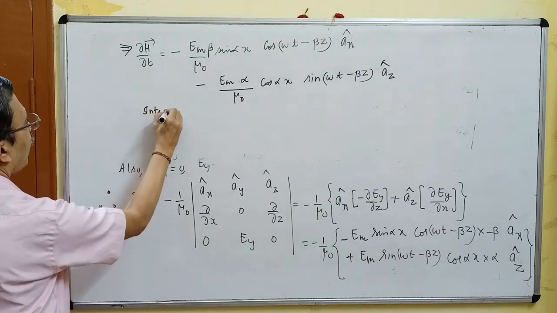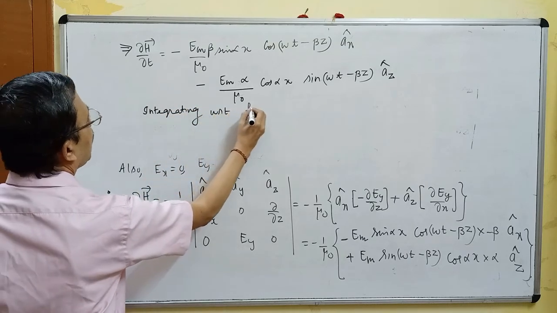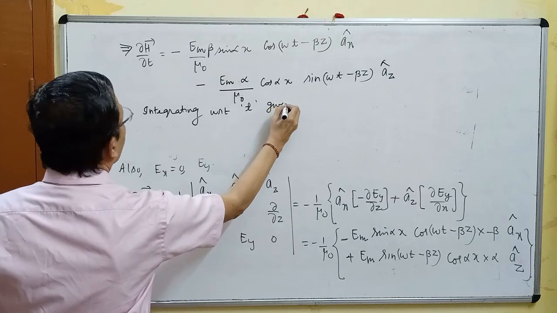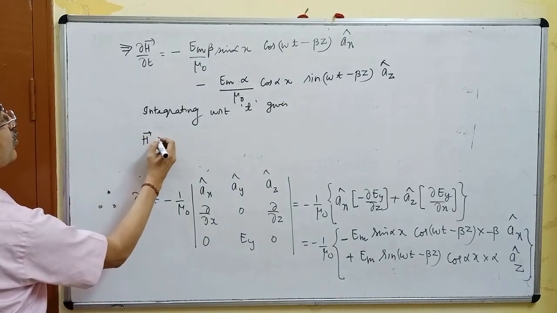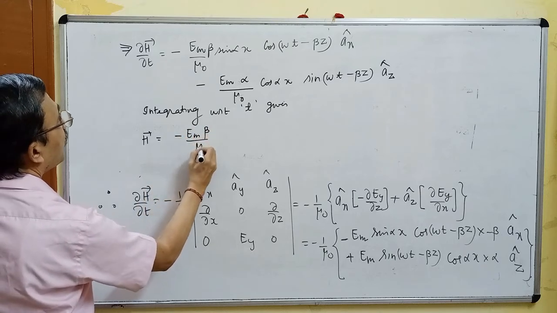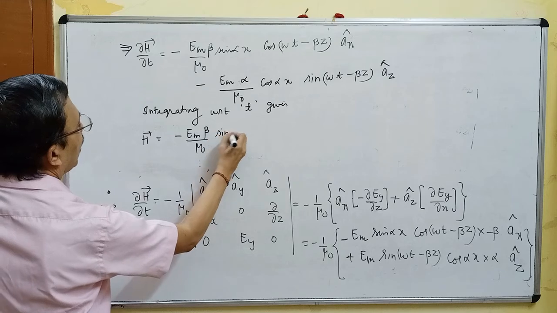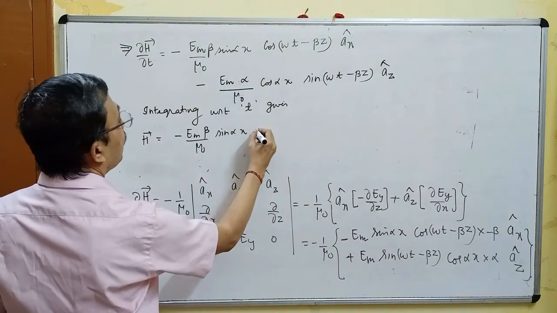Integrating with respect to t gives vector H equal to minus Em beta by mu naught sin alpha x. If you integrate cos, what you get?